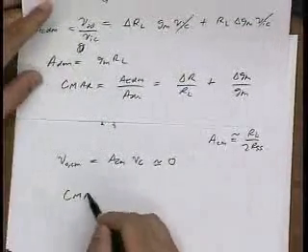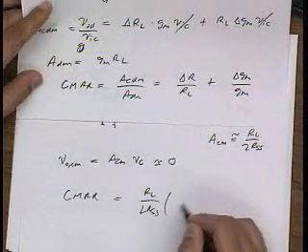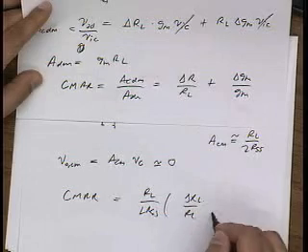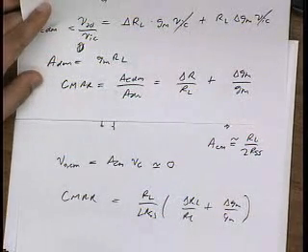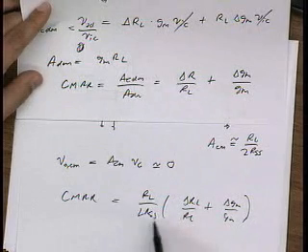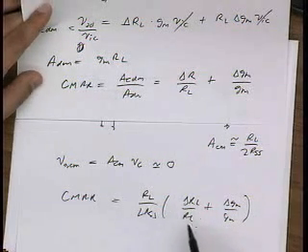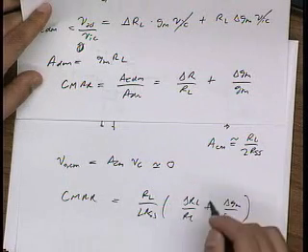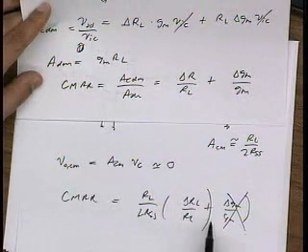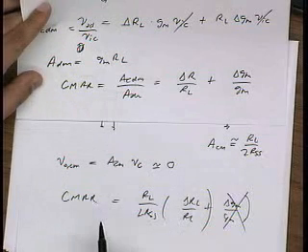So my common mode rejection ratio would be RL over 2 RSS times the same delta RL over RL plus delta GM over GM, right? Because this is the common mode signal that's generated, and that flows into the output and produces a differential output signal. In fact, here the delta GM wouldn't matter because the gain is really determined by RSS.